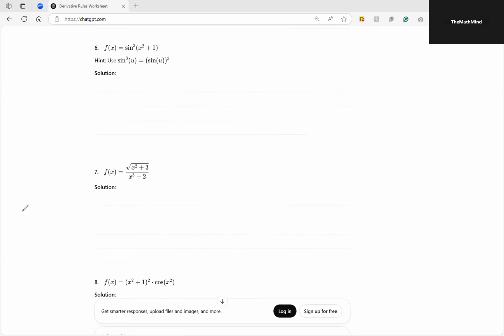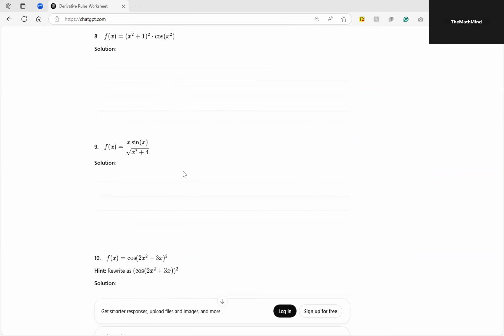Okay, there are three more examples, questions 8, 9, and 10. In question 8, we have the multiplication and also the chain rule. So f prime here will be the derivative of the first function. So this is u to the n.